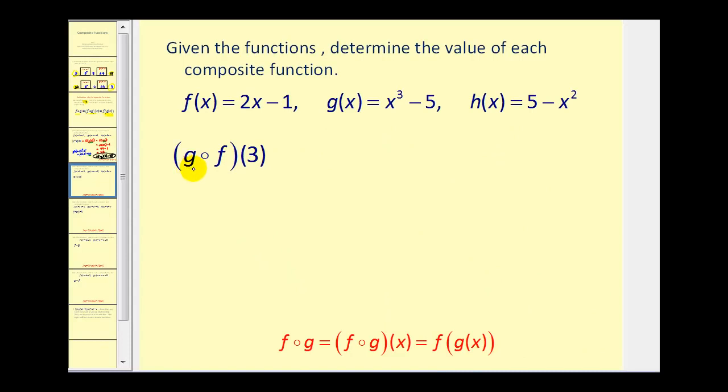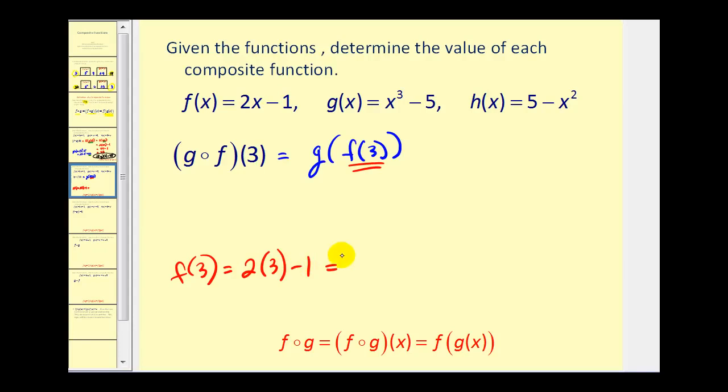Notice this question has the same input, but now instead of f of g, it's g of f. So this is equal to g of f of 3. So now we're going to find f of 3 first. Let's go down here and do that. F of 3 is equal to 2 times x minus 1, or 2 times 3 minus 1. That'll be 6 minus 1, or 5.